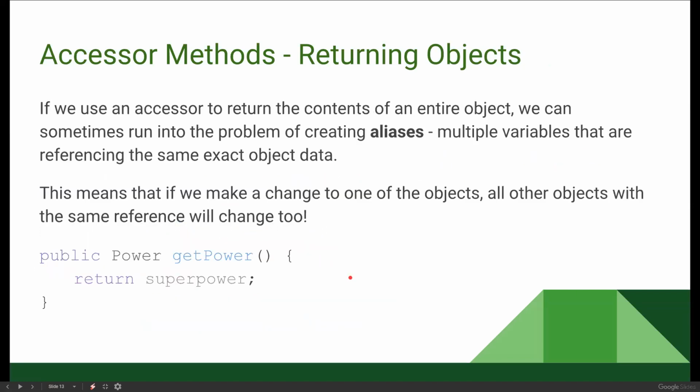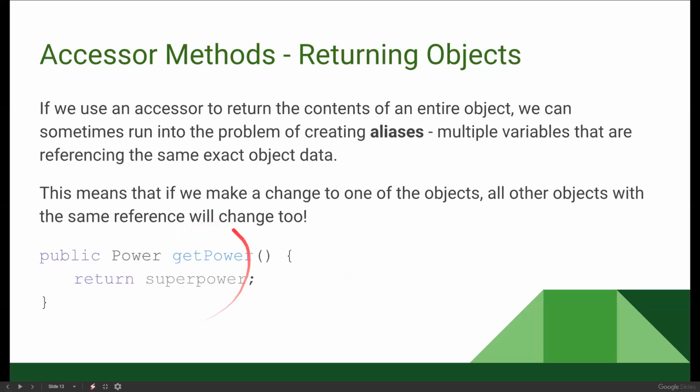Now, if we return an entire object using an accessor, we can sometimes run into the problem of making aliases, which we've learned before: multiple variables referencing the same exact object's data. If I change one of those objects, every other variable with the same reference is also going to change.